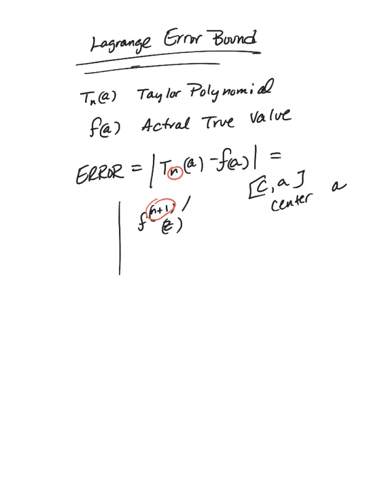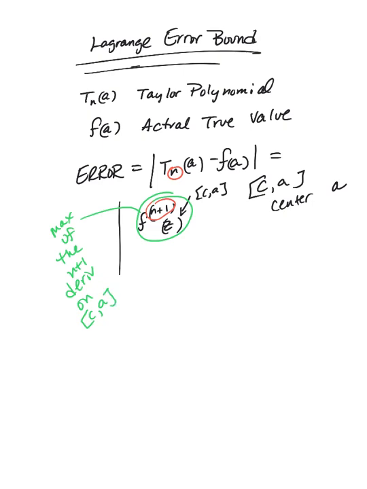So this z is on that interval from c to a, but this value here is the max of the n plus 1 derivative on the interval c to a. So it's the max. When you use the extreme value theorem and the candidate test or the closed interval test and you get the max, this is the max.